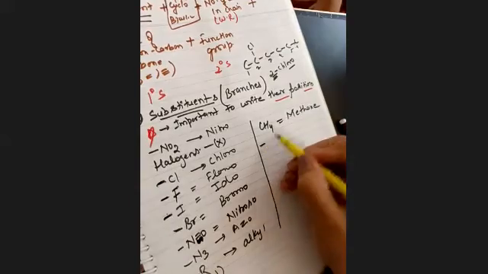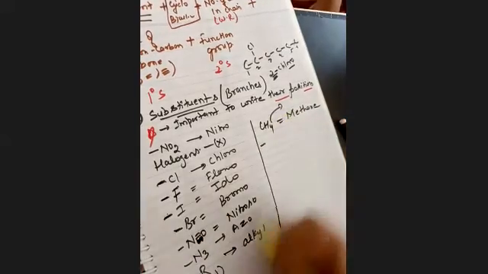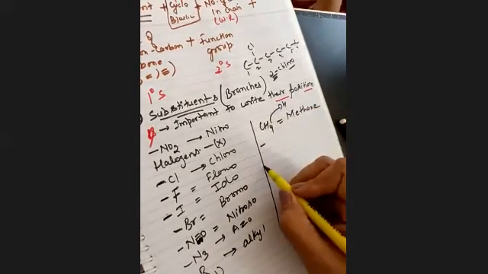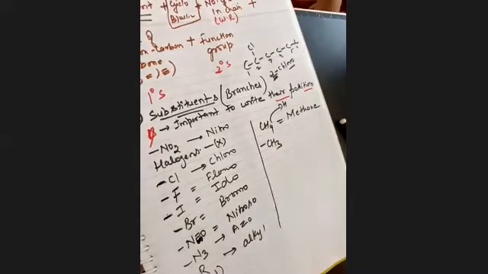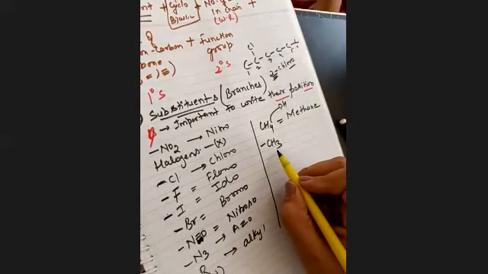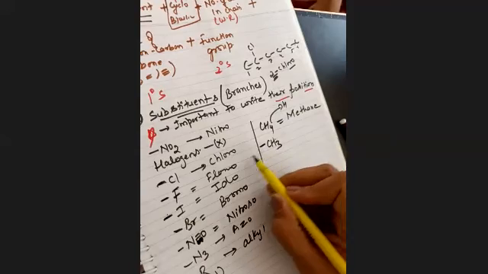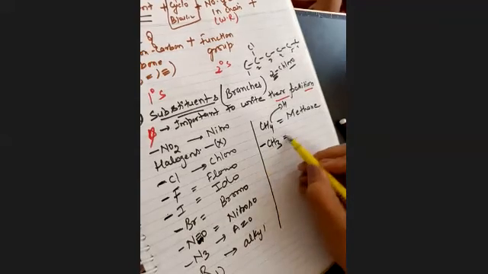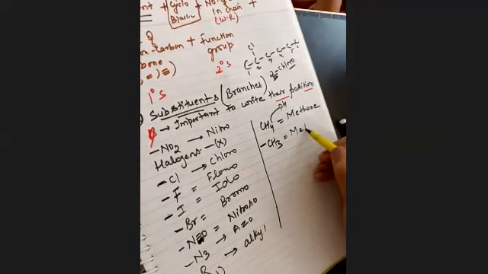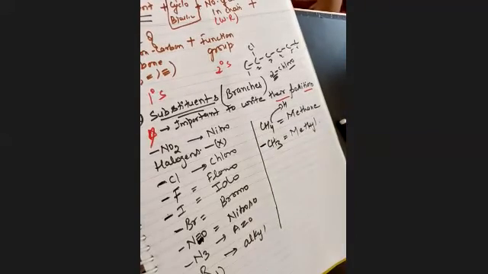But if one hydrogen is removed and it attaches to the chain, it becomes CH3. The valency of carbon is satisfied: 3 hydrogens plus one bond attached with the main chain. At that time this methane becomes methyl. Clear?